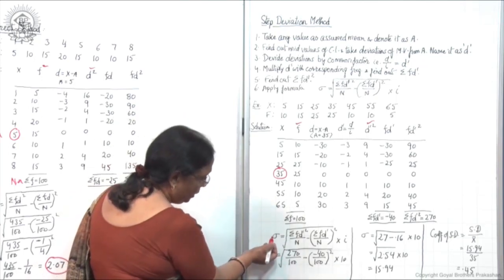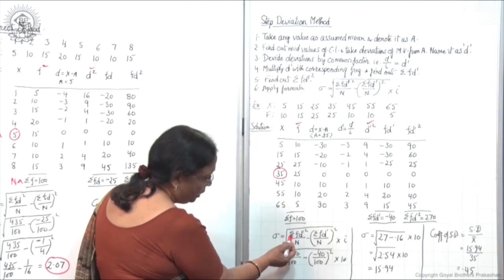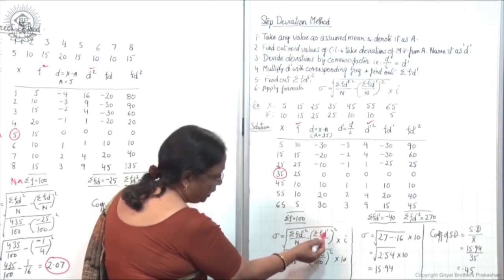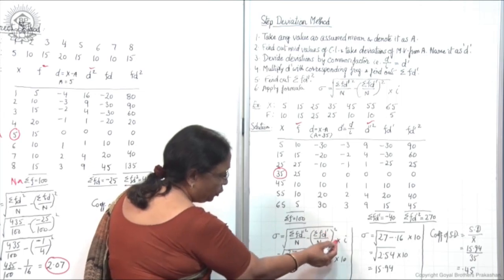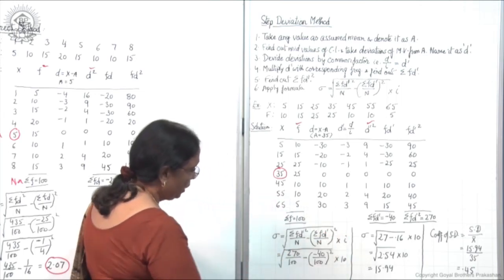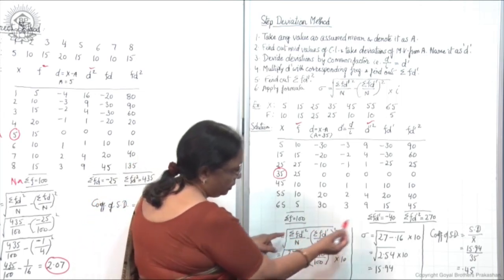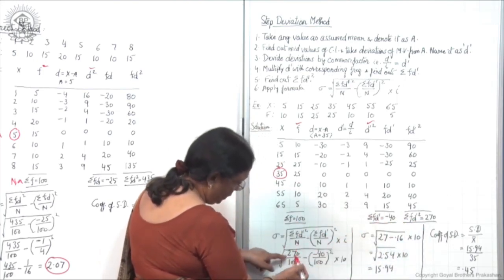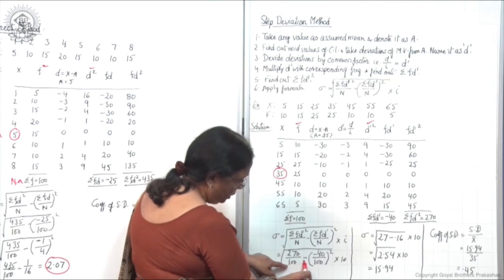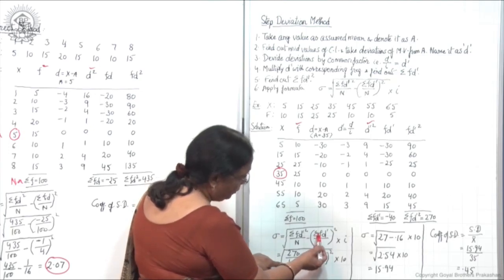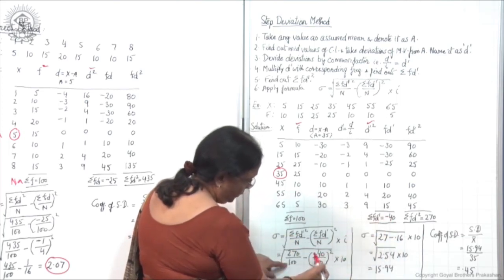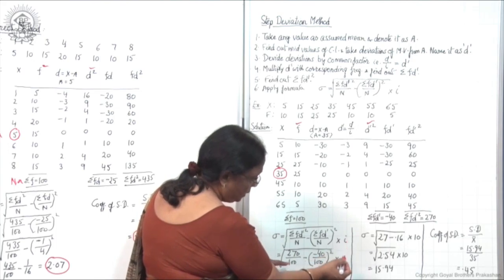Now let us see, standard deviation is equal to the square root of sigma f D dash square upon n minus, sigma f D dash upon n, whole square, into class interval. Now sigma f D dash square is 270, write down 270 here, n is 100, write down 100 here, minus sigma f D dash is minus 40 and n is 100, whole square, into i, which is 10.